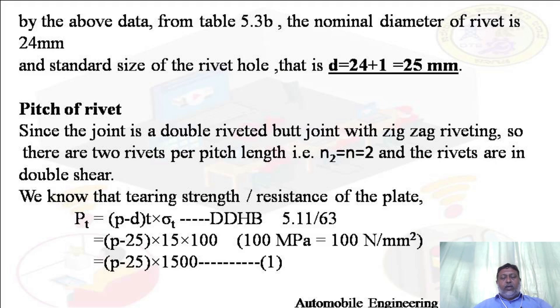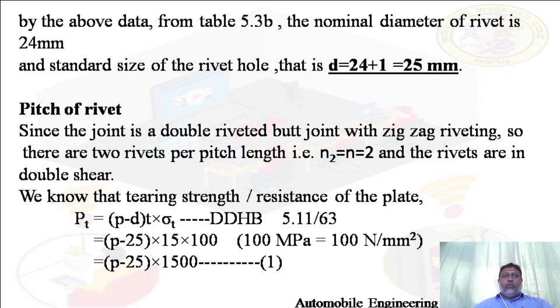Then we will have the hole diameter, that is the standard size of the rivet hole, D, given by 24 plus 1, 25 mm. The 25 value, whatever we have got now, should be considered for the calculation. Pitch is calculated the same way, either by comparing the tearing and shearing strength, and then calculating by the standard equation provided in the data handbook.